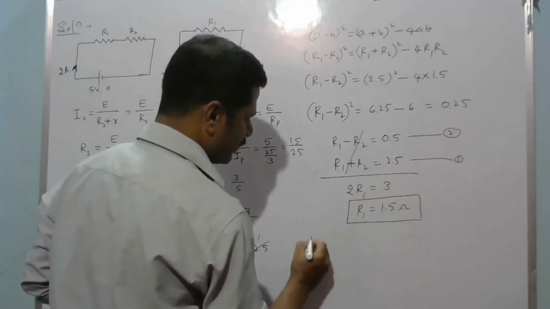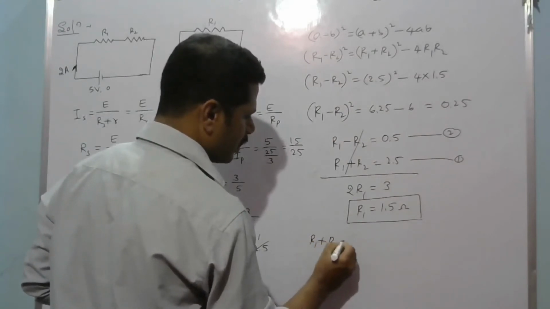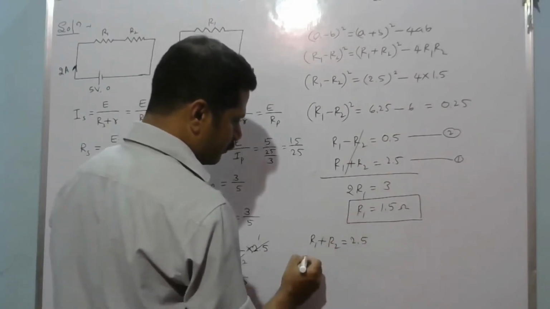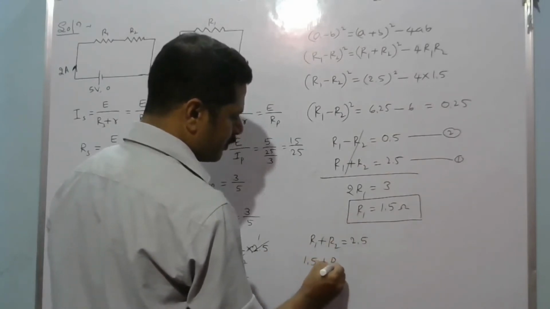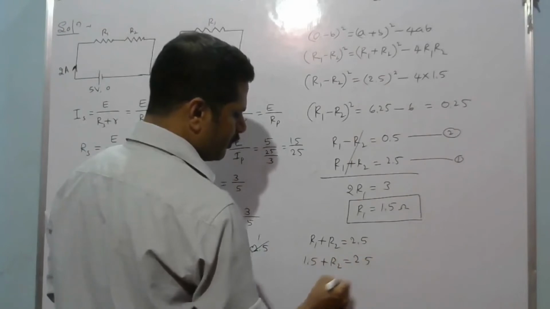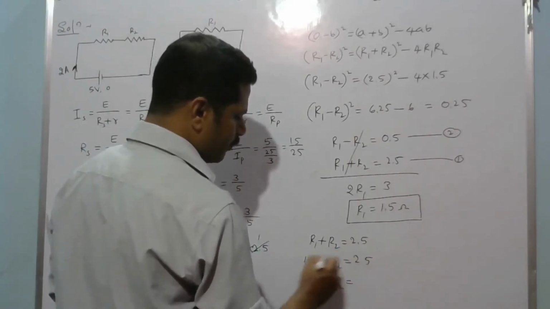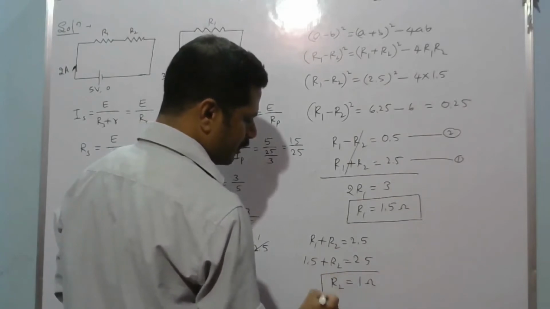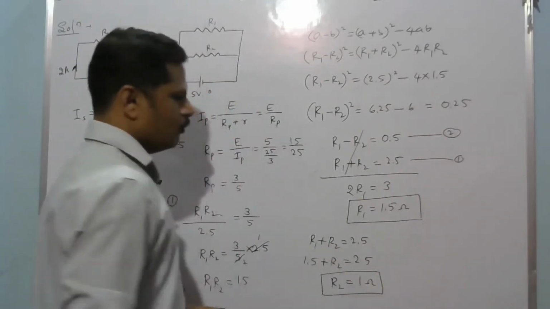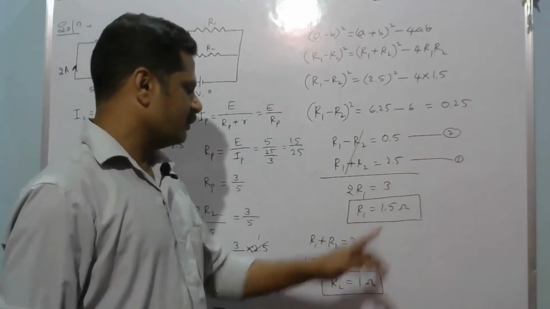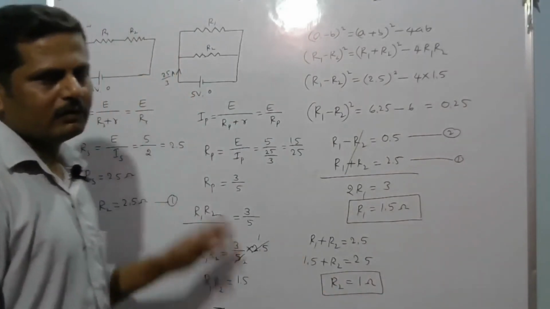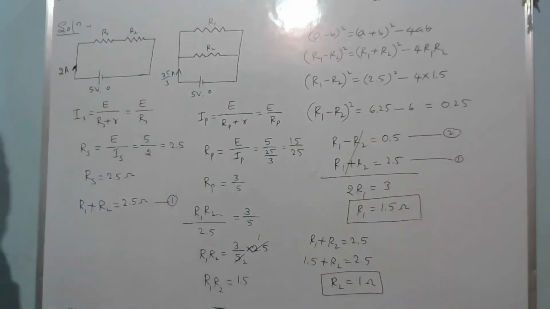R1 plus R2 equals 2.5. Now substituting the R1 value, 1.5 plus R2 equals 2.5, we get R2 equals 2.5 minus 1.5, which is 1. That is R2 equals 1 ohm. So R1 equals 1.5 ohm and R2 equals 1 ohm. In this way we can solve this type of problem. Let me move to the next question.